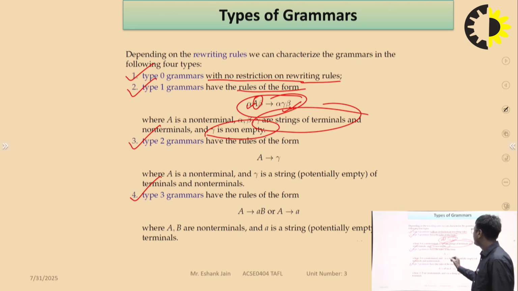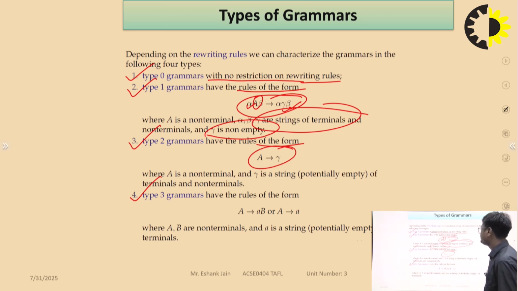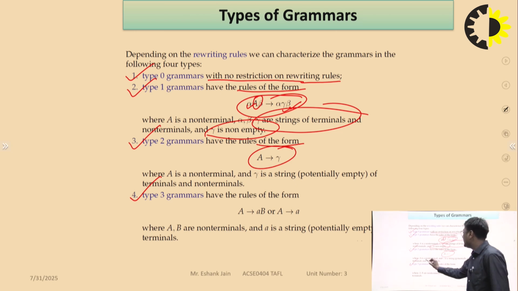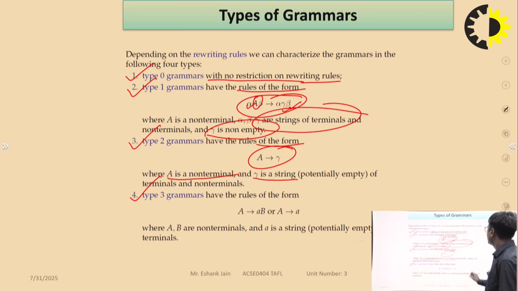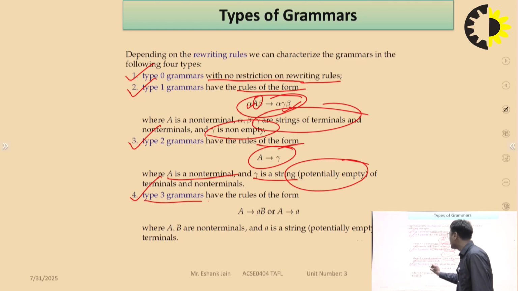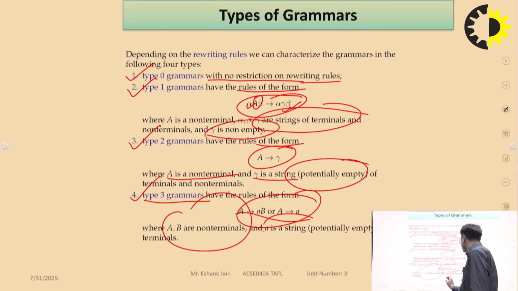Type 2 grammar has rules of the form A tends to gamma, where A is a non-terminal and gamma is a string, potentially empty. Next, type 3 grammar has rules of the form A tends to aB or A tends to a, where A, B are non-terminals and a is a terminal.